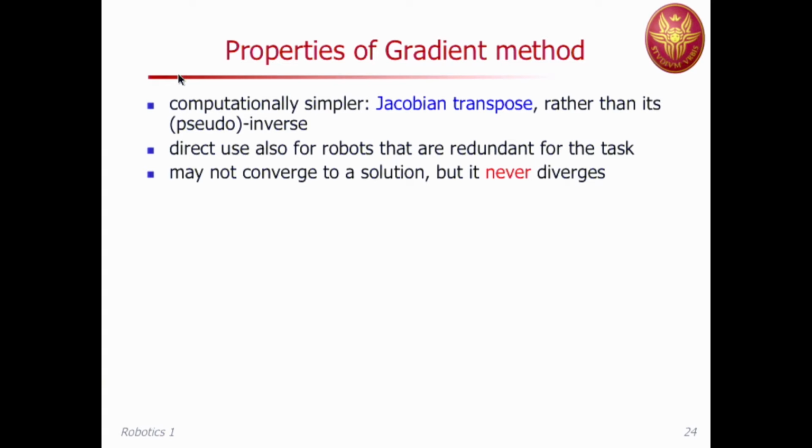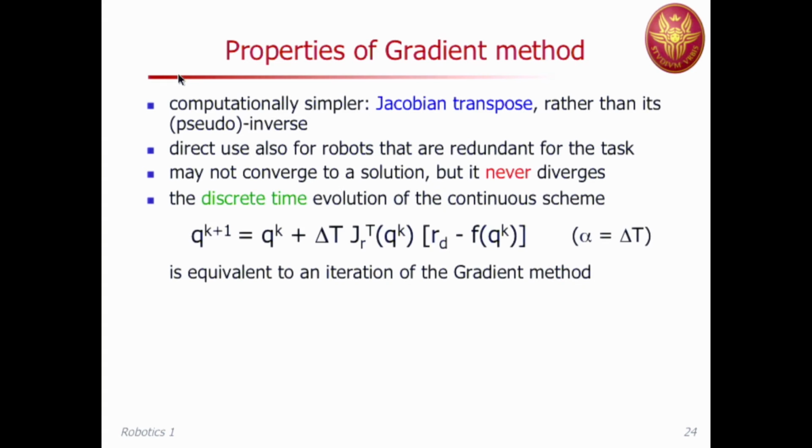It may not converge because it may get stuck, like we have just seen, exactly when our Q enters into the null space of J transpose, and this null space is not just a 0 vector, but it never diverges, unlike the Newton method.